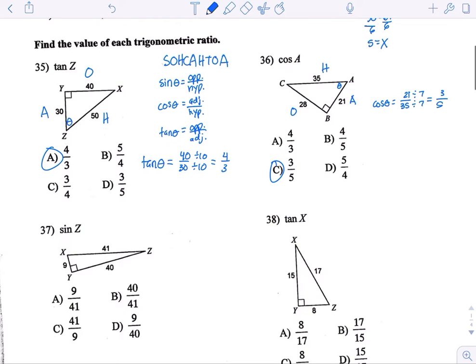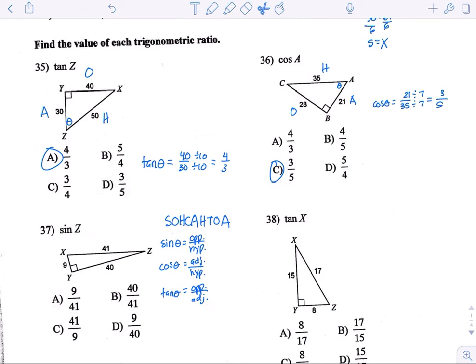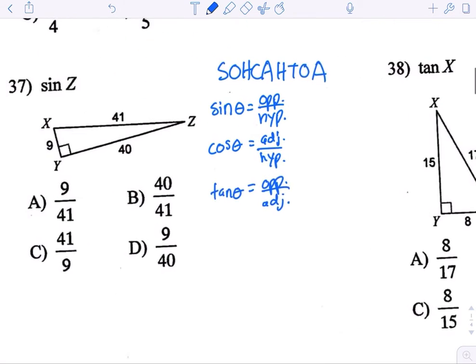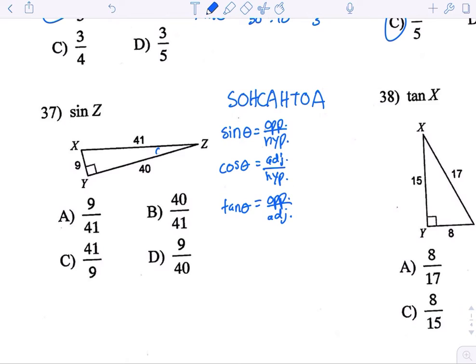37, I'm just going to drag this, you guys, so you can still see the SOHCAHTOA piece. Alright, sine of Z, which is this angle. So opposite of that angle, opposite, adjacent, hypotenuse. So for sine theta, we are going to have opposite over hypotenuse, so 9 over 41.